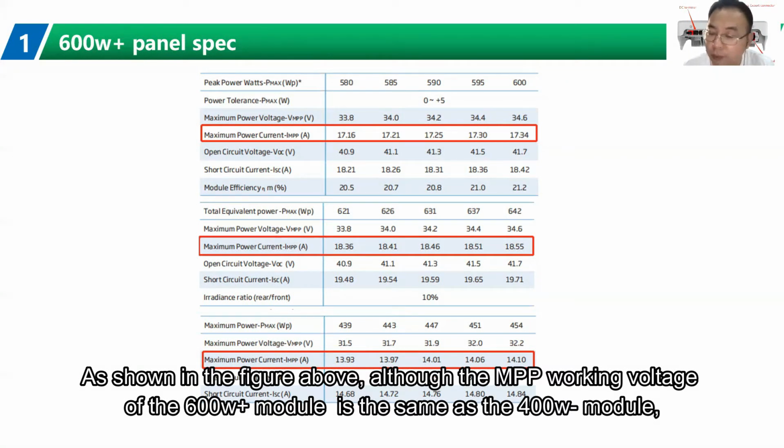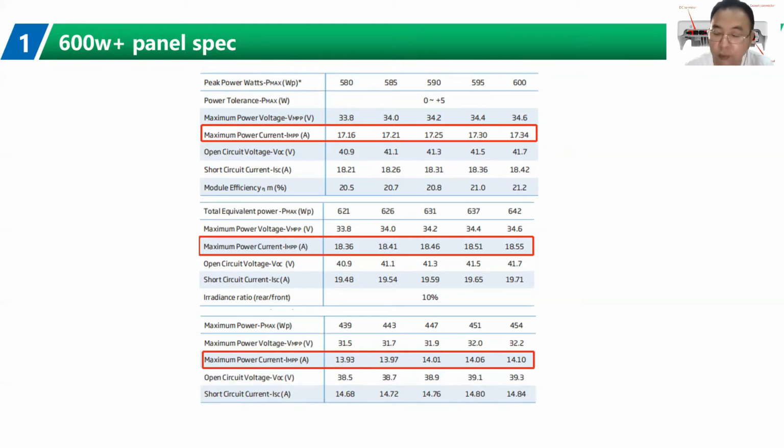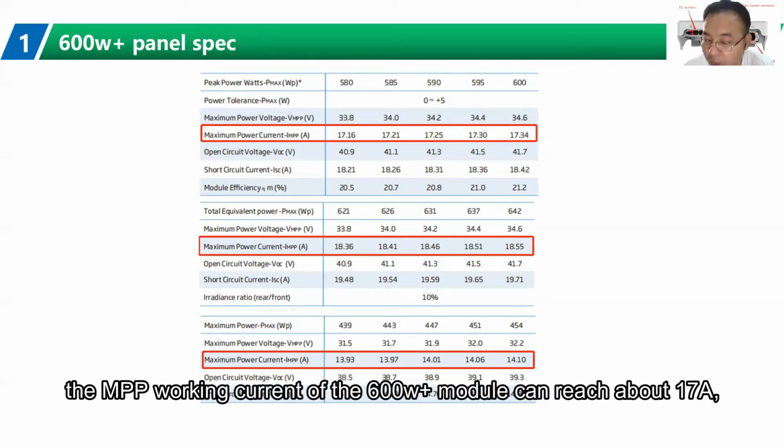Although MPP means maximum power point, the MPP working voltage of the 600 volt module is the same as the 400 volt module. The MPP working current of the 600 can reach about 17 ampere.